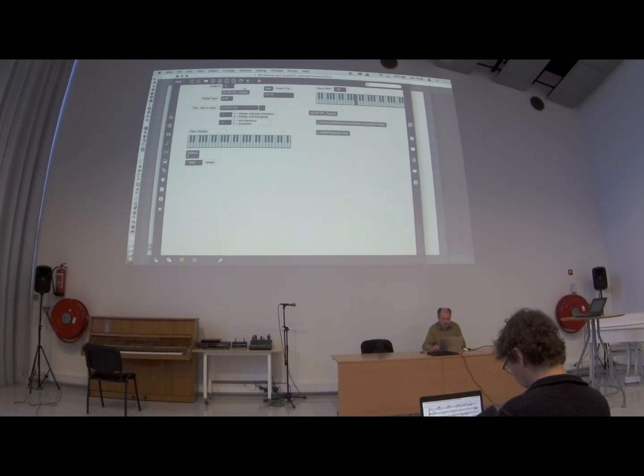Now I can go through all pitch class sets and listen to them. Okay, it generates, but I don't know why it will not sound okay.